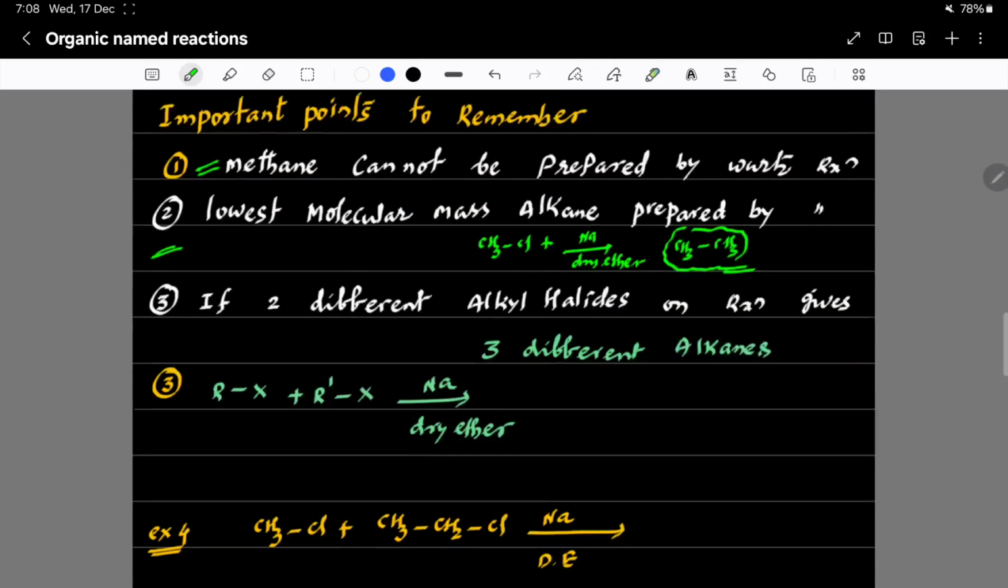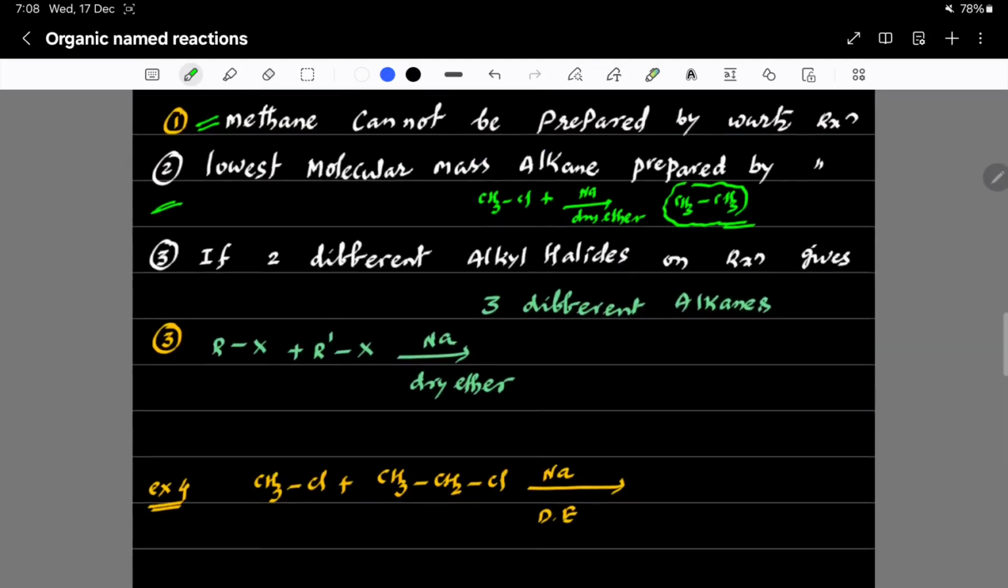Now look, students, the third point: if we have 2 different alkyl halides on reaction, it will give 3 different alkanes as products. If we have alkyl halide R-X, what will happen? Looking at the mechanism, Na will form Na plus and an electron.